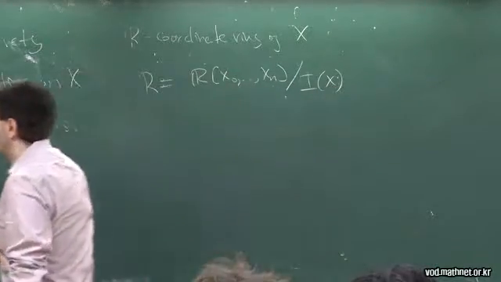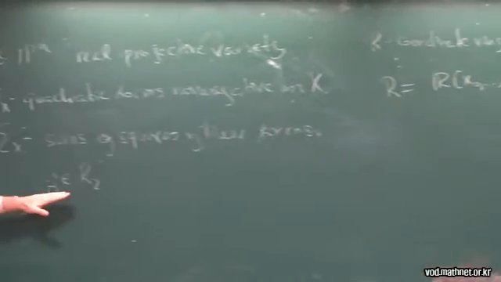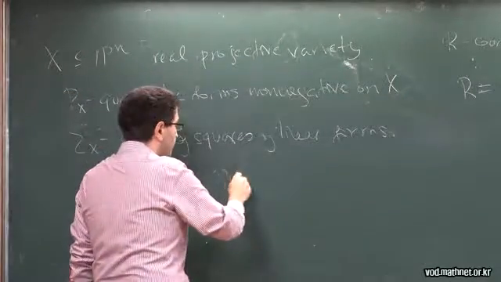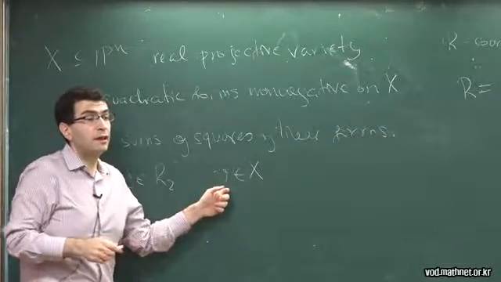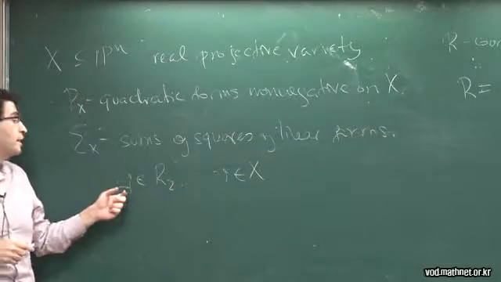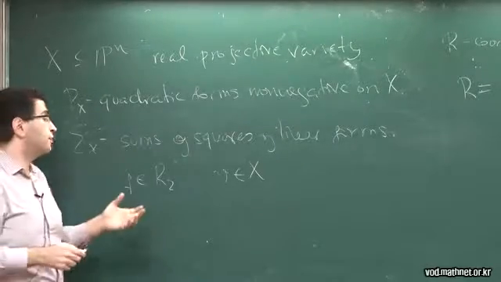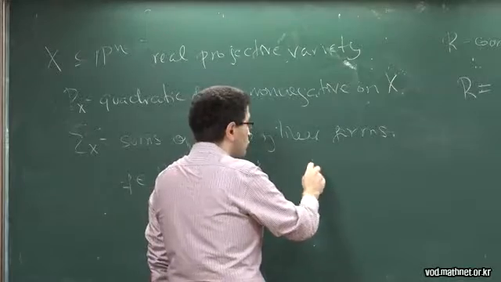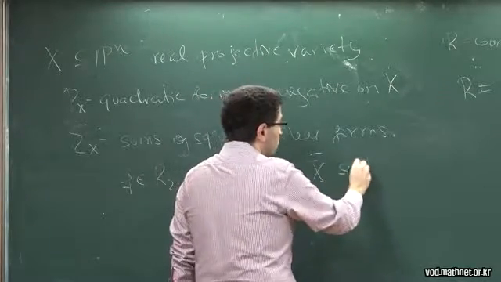So let's say that I take a degree 2 quadratic form. Does it make sense? I take a point, let's say v in x. Well, it doesn't make sense for me to say what is f of v, but it does make sense for me to talk about the sign of f at v. Why is that? Well, I should just take the cone over x, which lives inside R^(n+1).